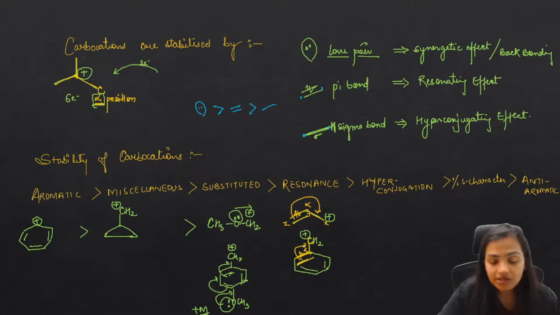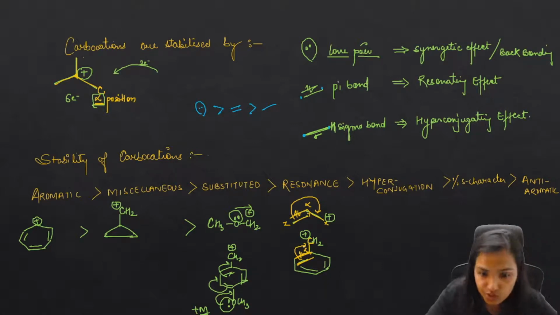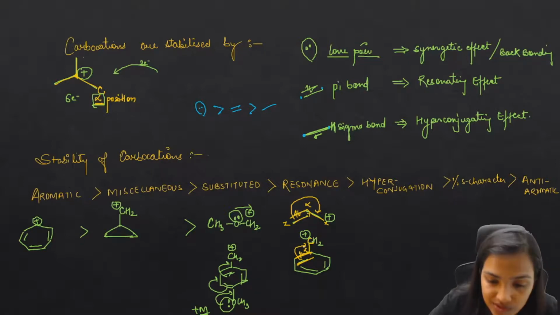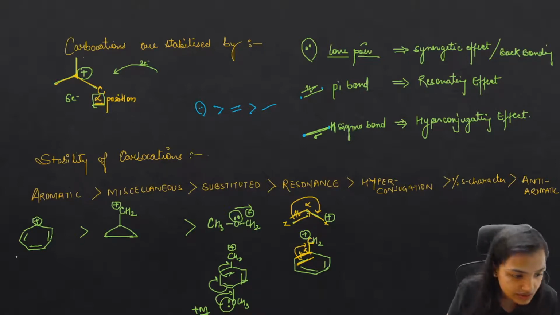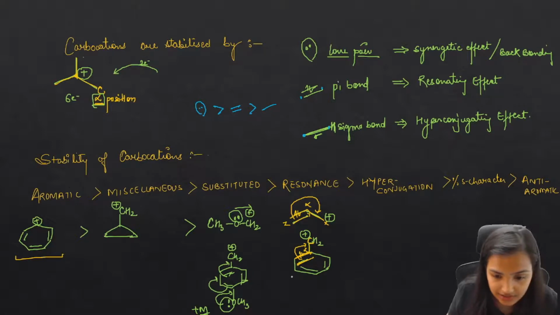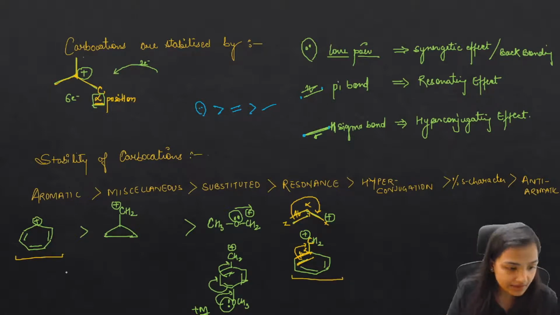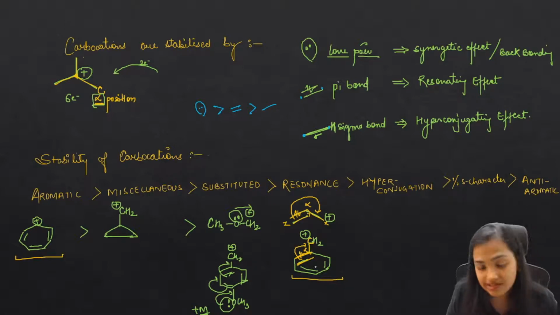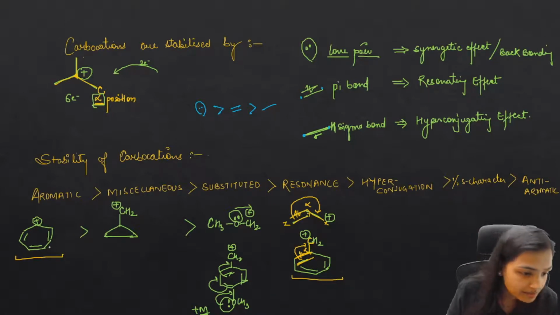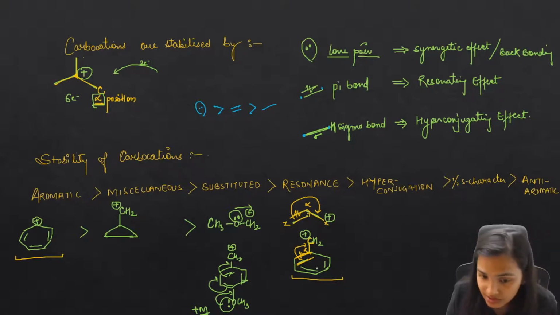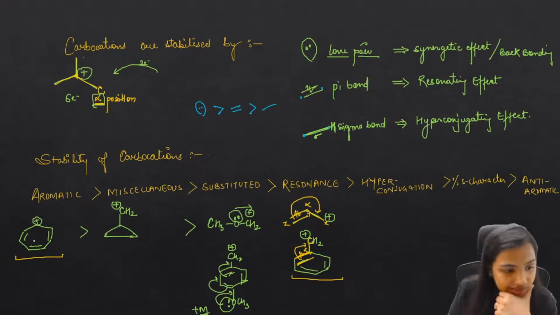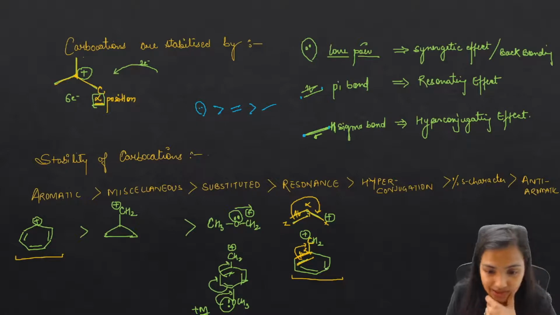Now many times students get confused between this structure and this structure. If you compare, you will find that this is more stable than this. You would say, ma'am, this is aromatic. Oh, ma'am, this is also aromatic. Right? Why would you say this is aromatic, this is also aromatic?